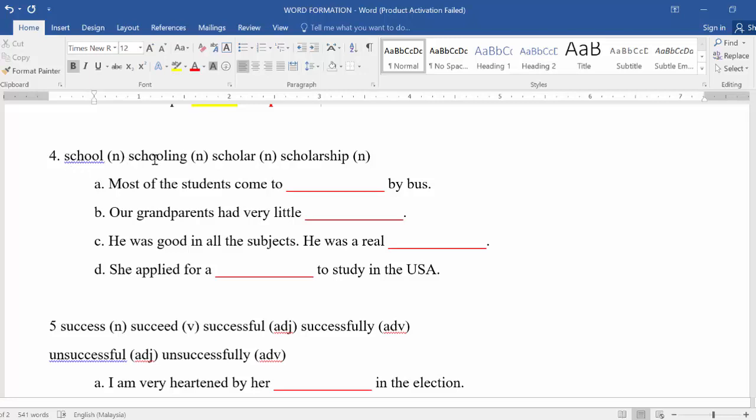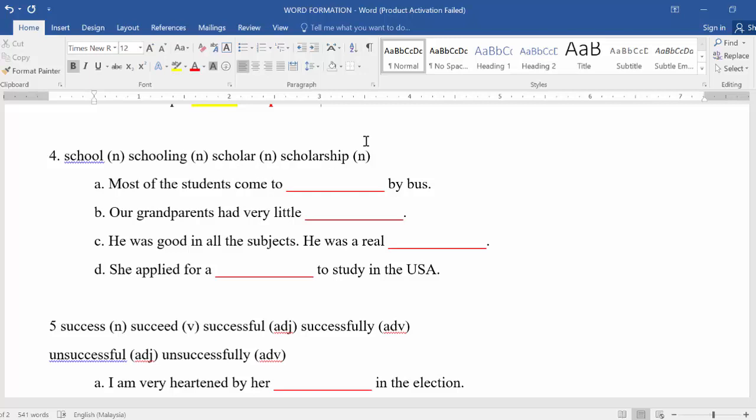Second one, schooling. Schooling means education or teaching. Next one, scholar. Scholar is a person. Remember, a scholar is a person who is highly educated, or a person who is a specialist in a particular study.